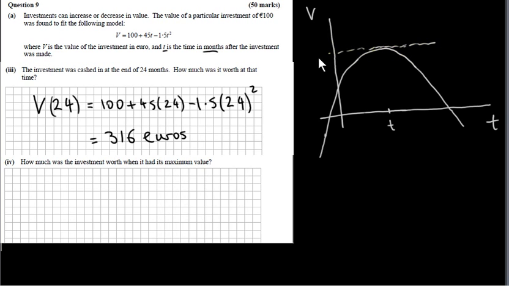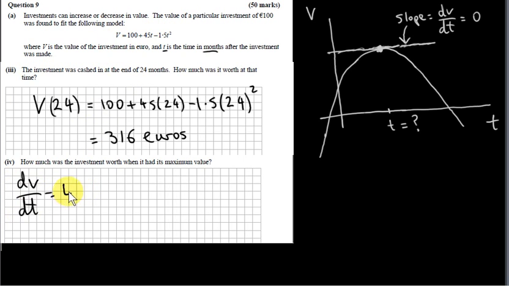In other words, we have a horizontal tangent that occurs at the maximum value of the graph of V. So, to find the maximum or minimum of a function, we set the derivative equal to 0. We know what the derivative of this function is. We had it already. dV/dt is 45 minus 3t. Put this equal to 0, and if we solve, we can find the value of t that gives that maximum value of V.